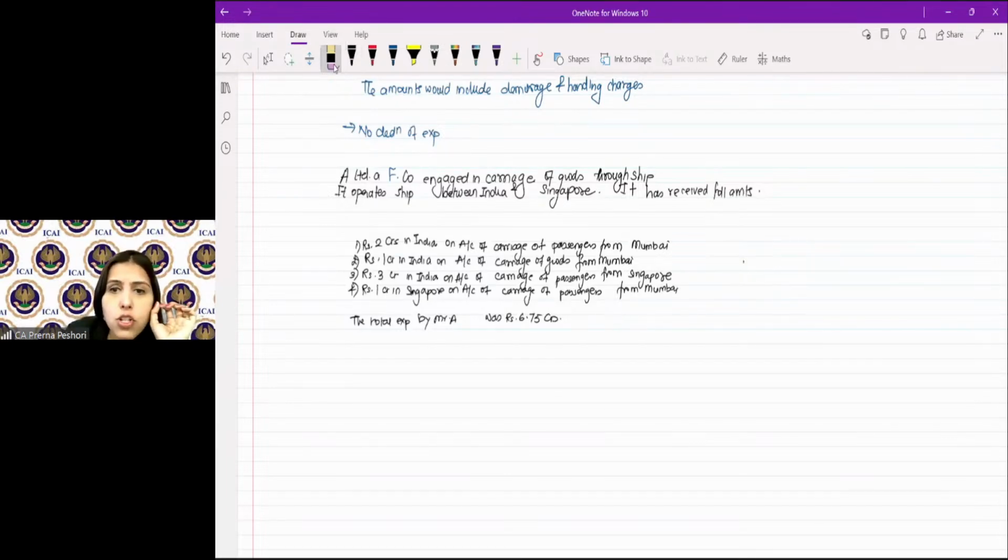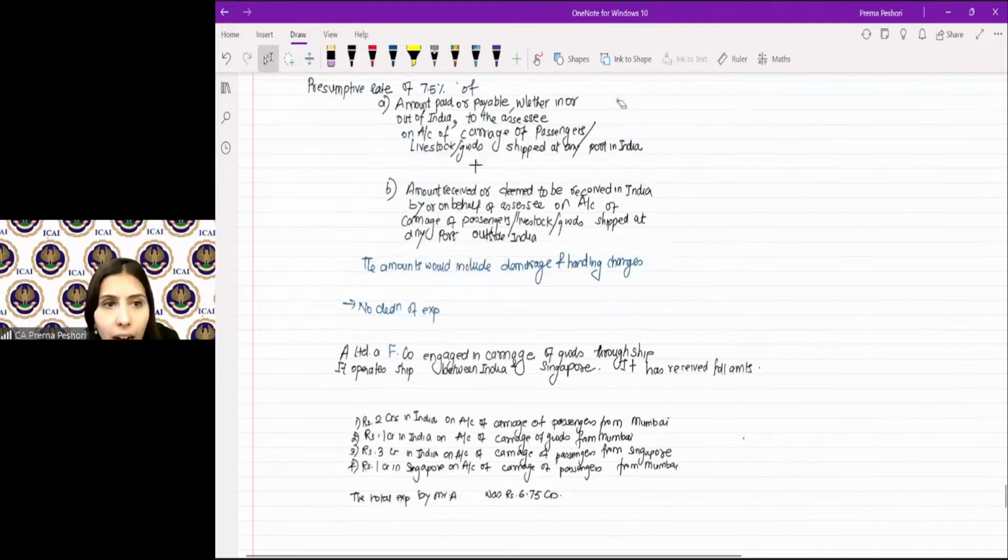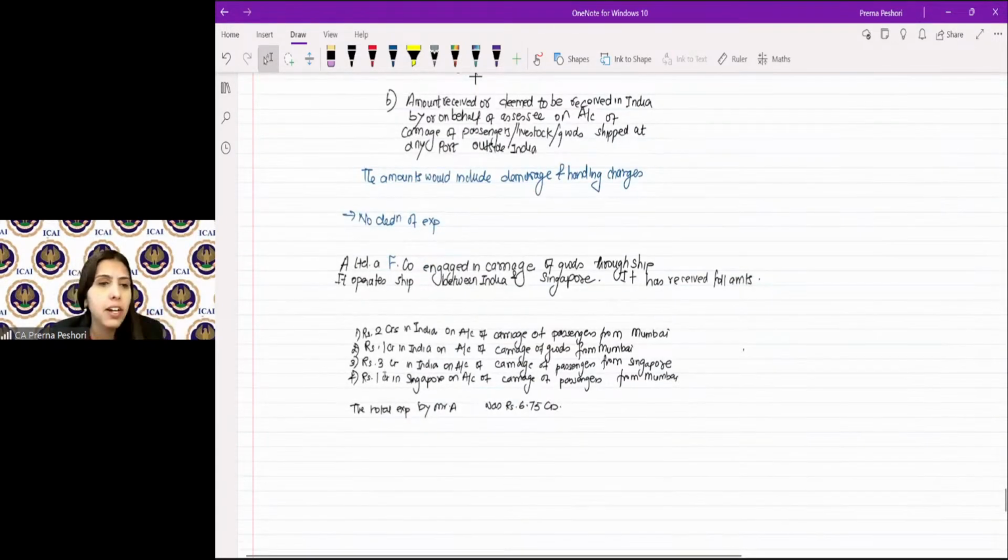So the question which arises, students, is on what you will levy these 7.5%? The Act says the amount paid or payable to the assessee, whether in India or outside India, in respect of carriage of passengers, livestock, goods shipped at any port in India.